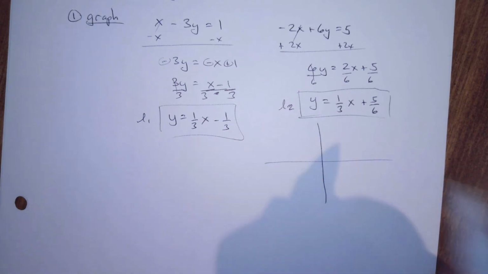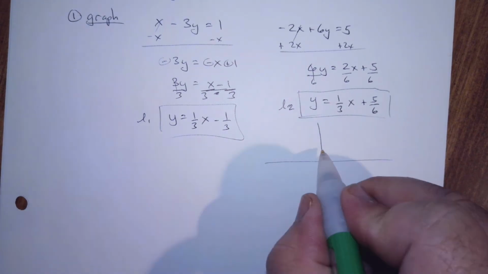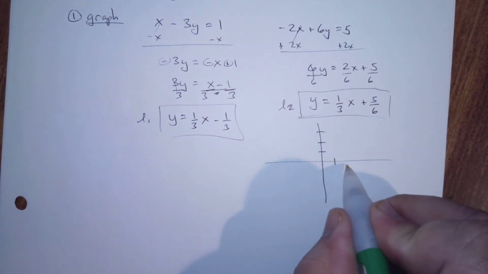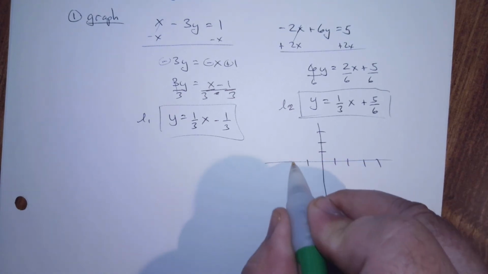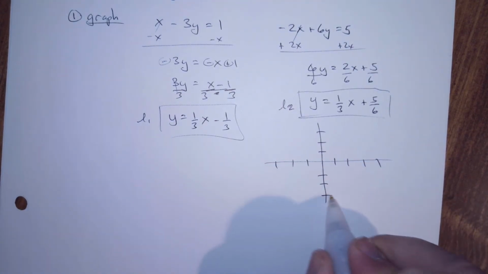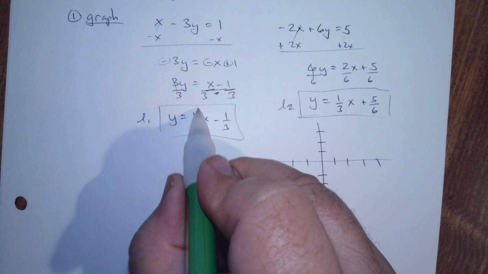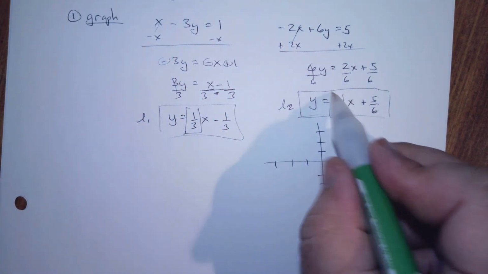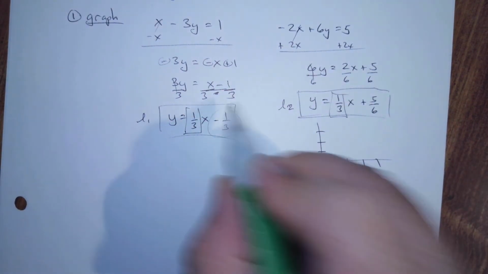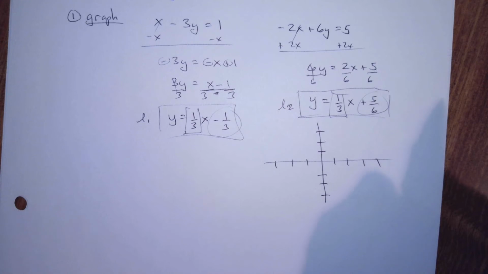Now we're going to notice something interesting here. What we notice is the slopes are the same and the y-intercepts are different. Remember what that means? Well, let's see.